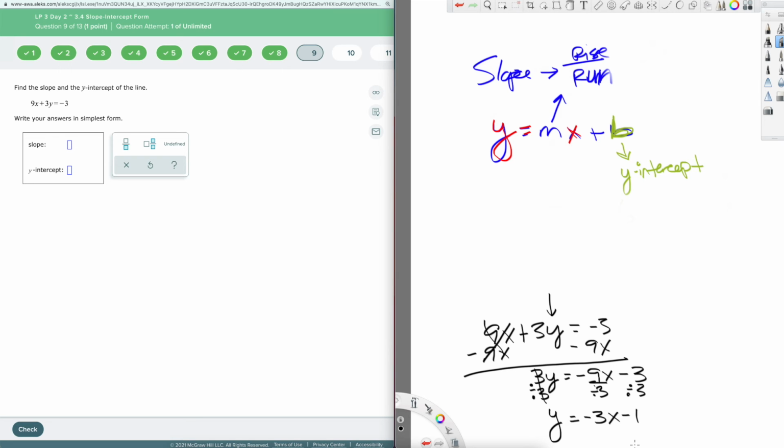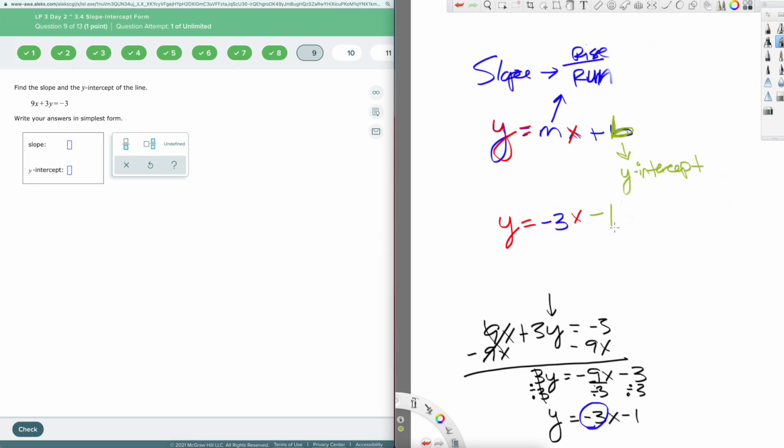All right, so now I have my y equals, and I can see the number that's in front of the x is -3, and my number that's being added or subtracted is -1. It doesn't matter if it's out of order. If the number being added or subtracted is first, and then you have your coefficient x, which is just that number in front of x, it doesn't necessarily matter.